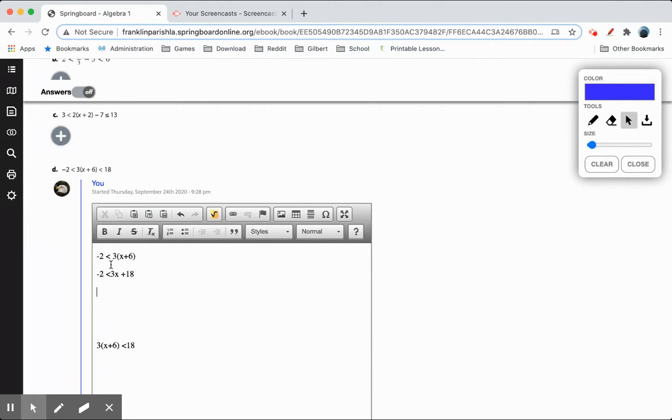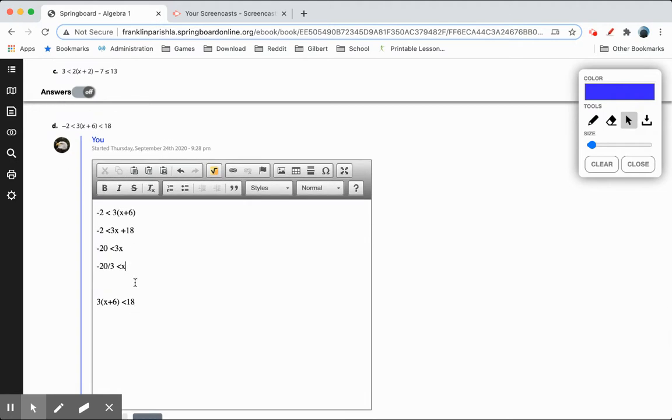And then we'll bring it to the other side by subtracting 18 from both sides. That'll be negative 20 when I subtract 18 from both sides and get is less than 3x. And then divide both sides by 3, and you'll get negative 20 divided by 3 is less than x. Over here, similar steps, 3x plus 18, just using distributive property.